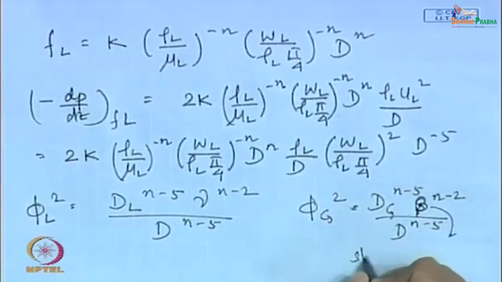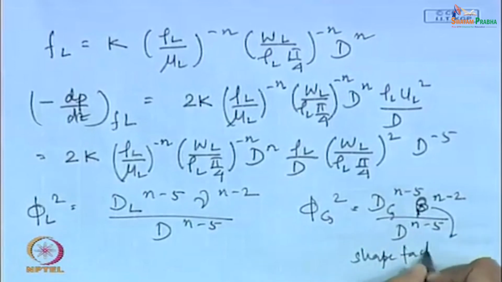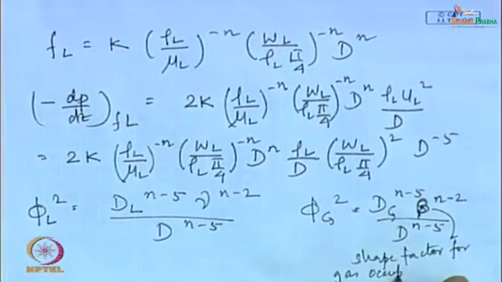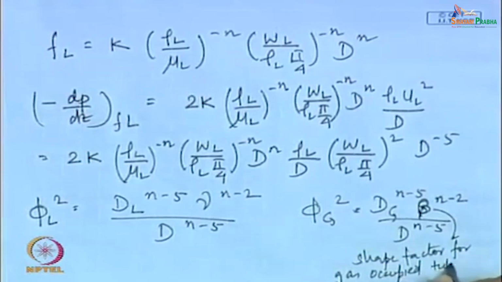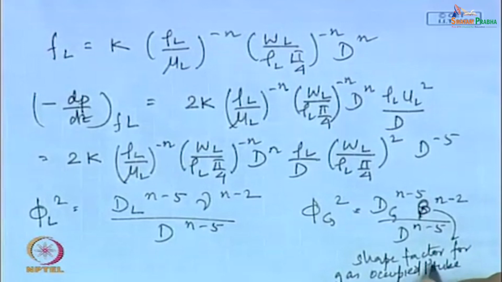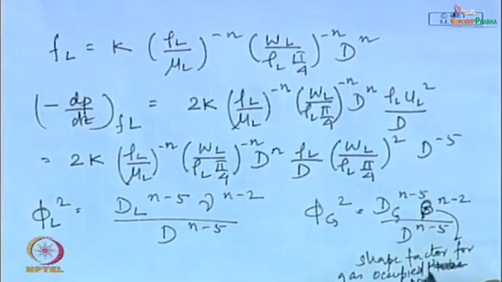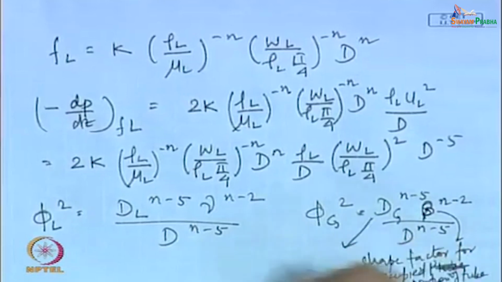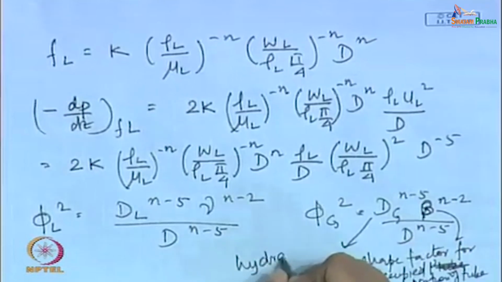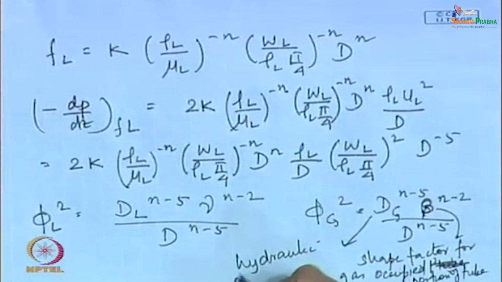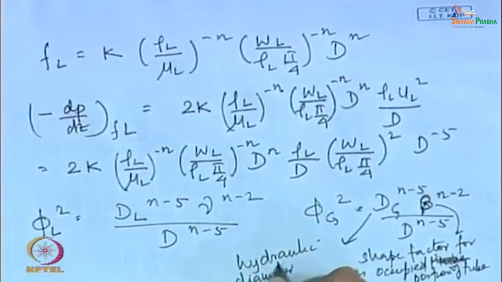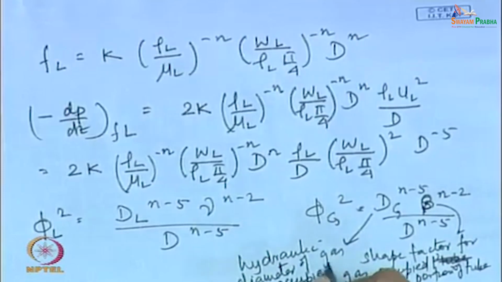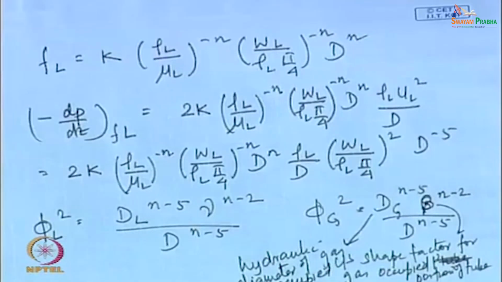This is the shape factor for gas occupied portion of tube, and dg is the hydraulic diameter of gas occupied cross section or gas occupied portion.